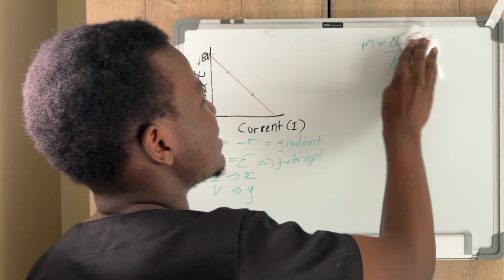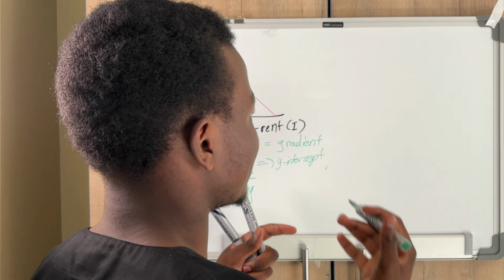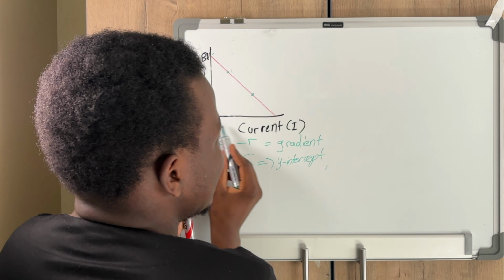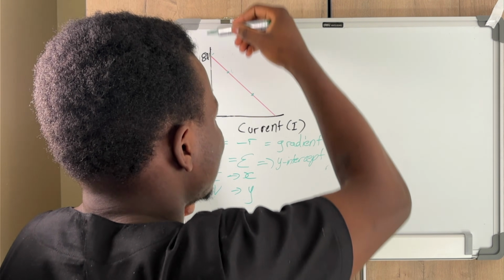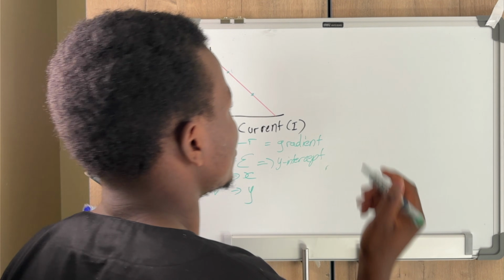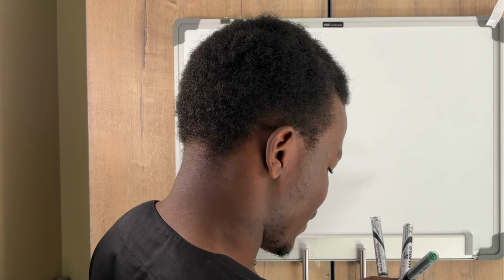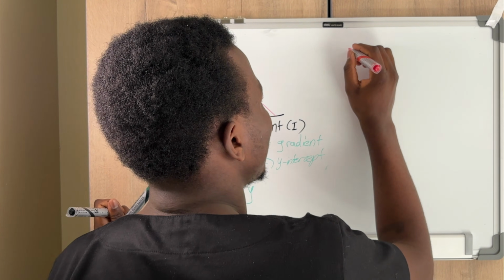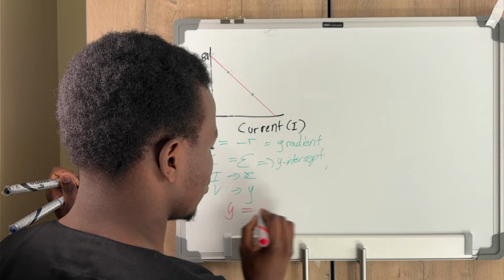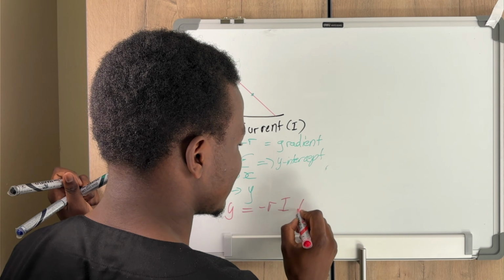Now, how do we understand this graph? Because this graph might be a little difficult to understand, because how is it that when the current increases, the V external decreases? Current increases, V external decreases. So you have to understand it using again this formula where we had said our equation equals to y equals to negative R multiplied by I plus EMF.